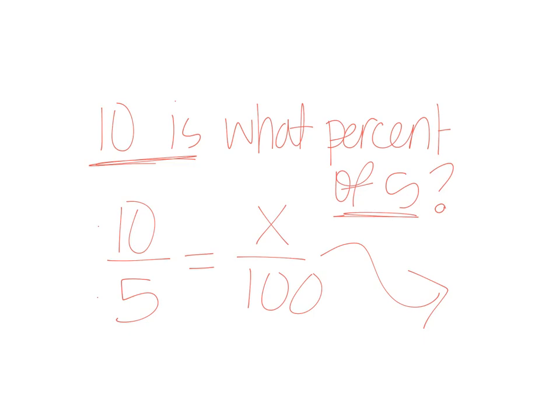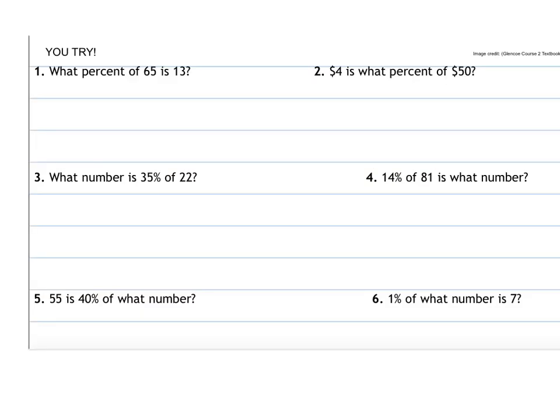So I just want to clarify that this top number here is not always going to be the smaller number, and this bottom number is not always going to be the larger number. So I would like you to, in your notebook, try these problems. It would be best if you did all 6 of them. You can do whichever method you want.